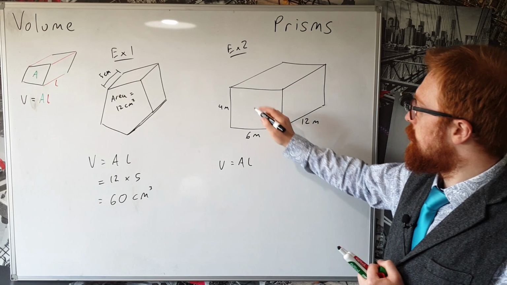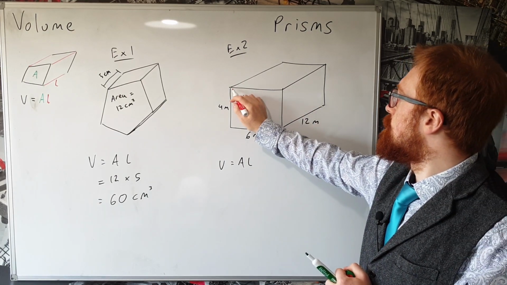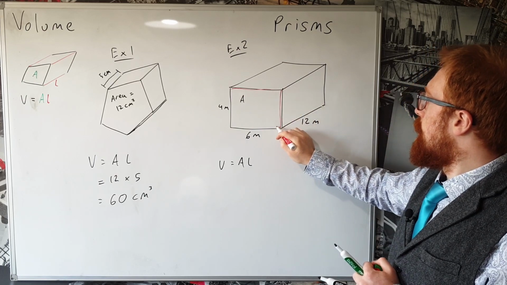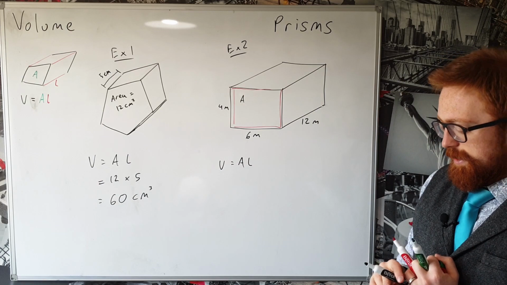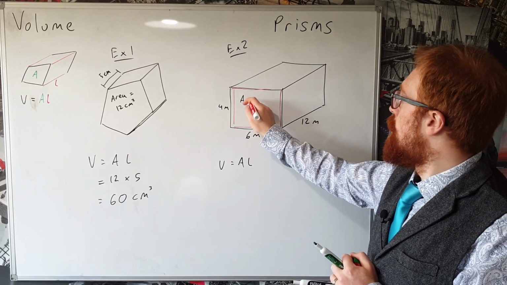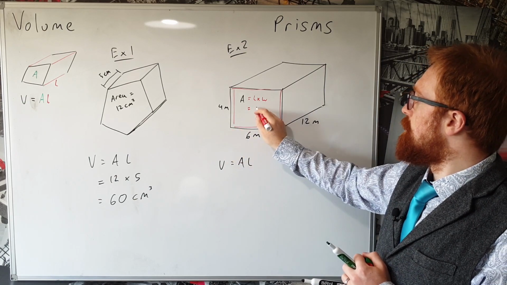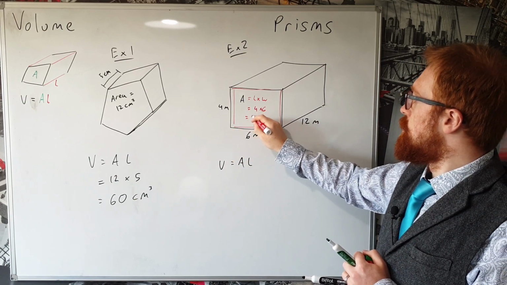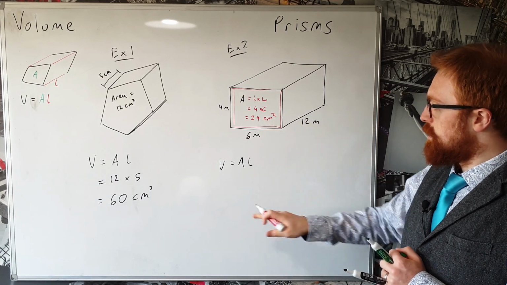So the first thing we need to do is find the area of this front rectangle. Now the area of a rectangle is length times width, which in this case is 4 times 6, which is 24 centimeters squared.